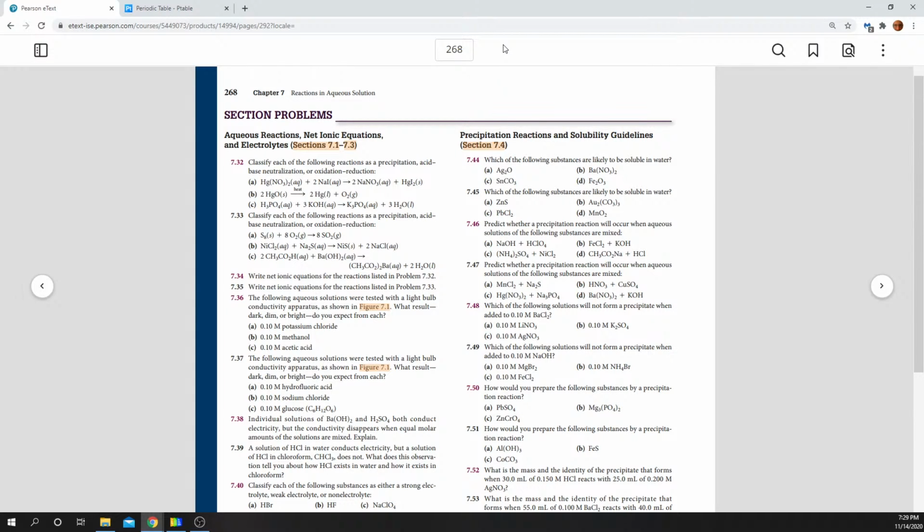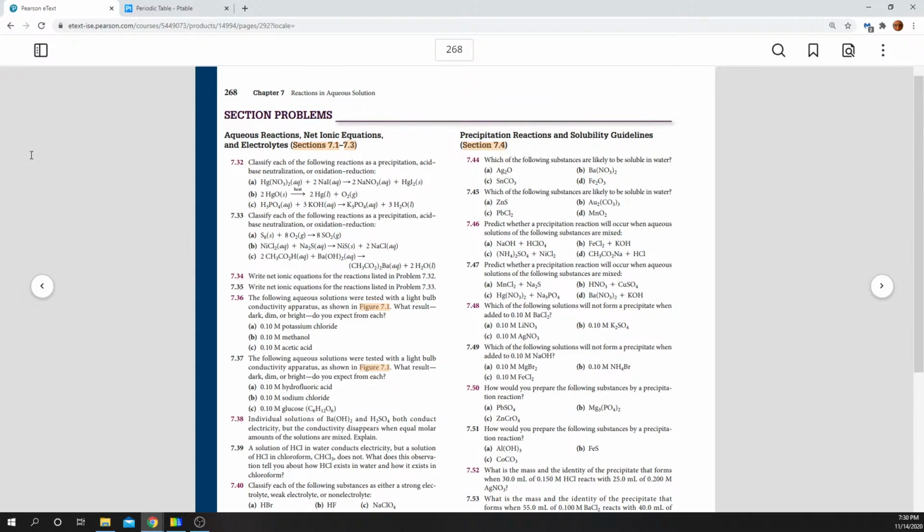HgO solid goes to liquid mercury and oxygen. That is very straightforwardly an oxidation reduction. The mercury is going from mercury 2 plus to mercury 0, so it's being reduced. The oxygen is going from 2 minus also to 0, so it's being oxidized. Finally, phosphoric acid plus potassium hydroxide. That's an acid-base neutralization.